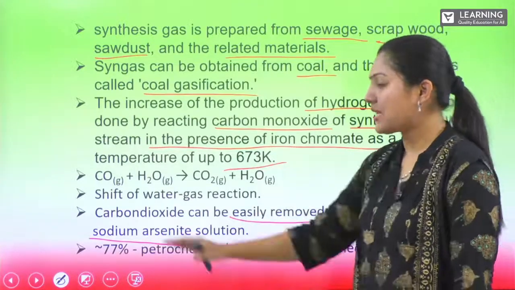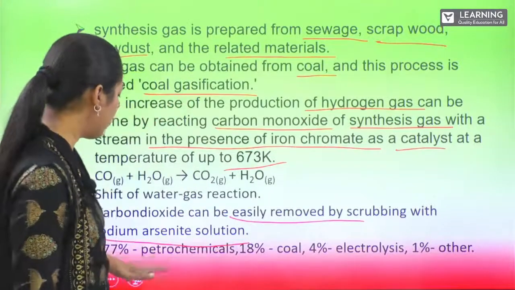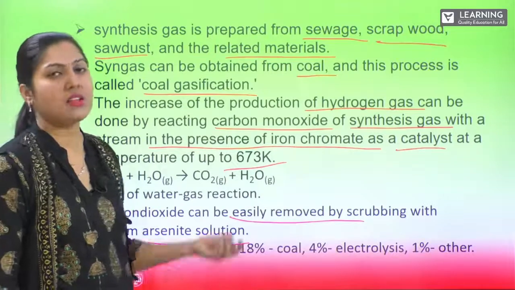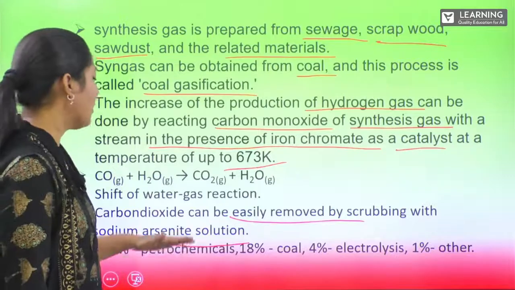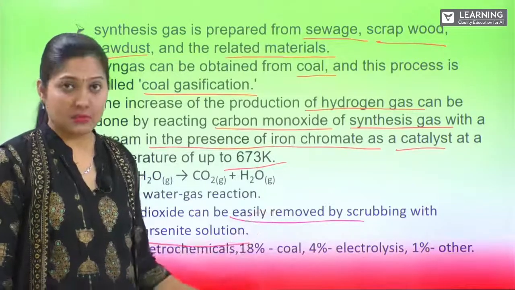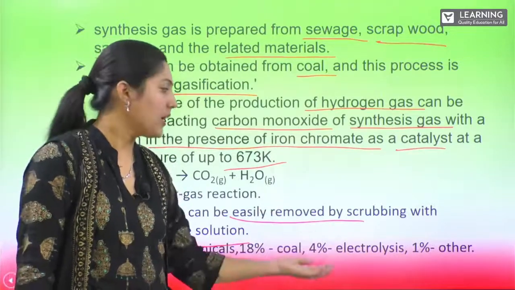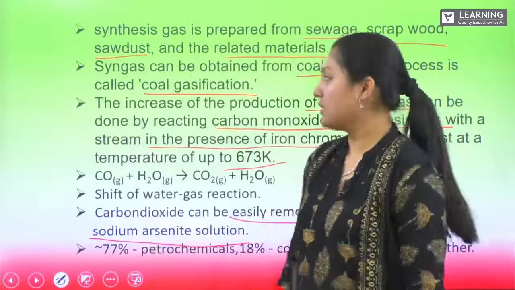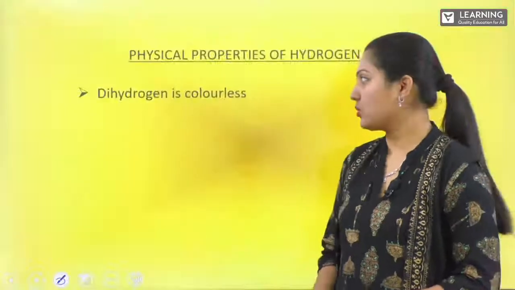Here 77% of hydrogen can be prepared from petrochemicals, that means the products of petroleum. From coal, 18% of hydrogen can be produced, whereas 4% can be produced from electrolysis and 1% from other sources. This is about the production or preparation of hydrogen.